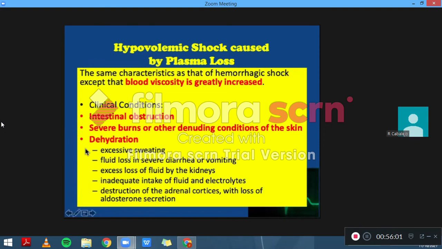And then, of course, dehydration secondary to excessive sweating, fluid loss, and severe diarrhea or vomiting, excessive loss of fluid by the kidneys, probably from medications, if you are giving too much diuretic, can also promote that. Inadequate intake of fluids and electrolytes, and destruction of the adrenal cortices, which supply aldosterone.